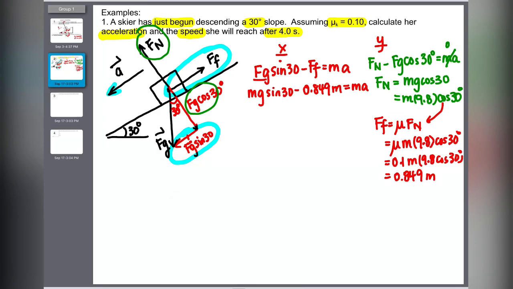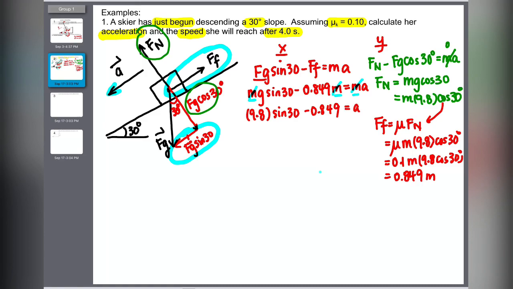Next thing you can do, hopefully you're seeing that m is in every single term. When I have something that is in every single term, I can actually cancel that. So I'm left with g sine 30 minus 0.849 equals a. So g is 9.8 sine of 30 minus 0.849.